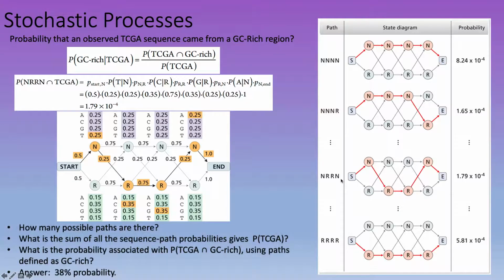And there's a couple of questions you could ask. In this case, how many possible paths are there? We've gone over how to calculate that. I wonder if you can figure it out. What is the sum of all the sequence path probabilities for TCGA?